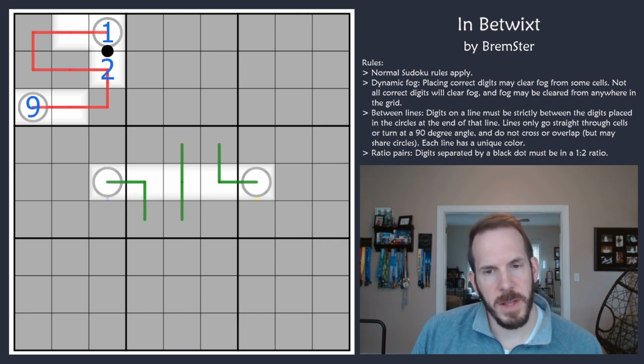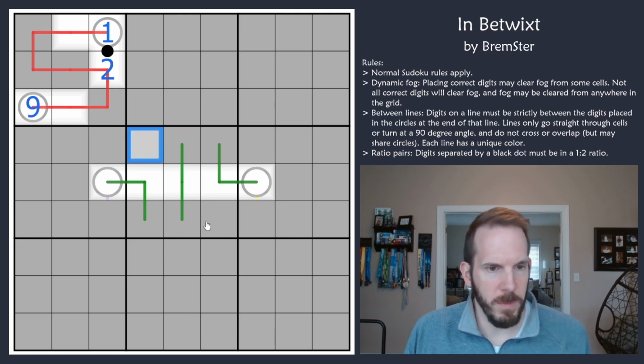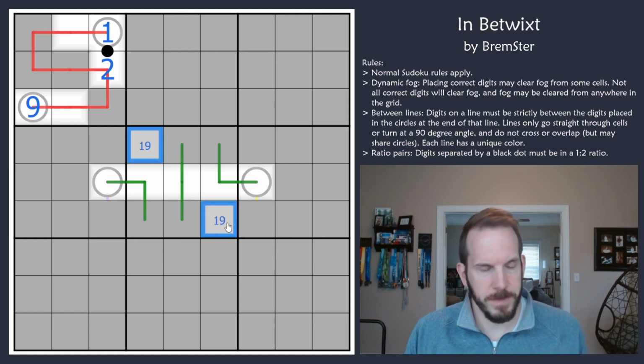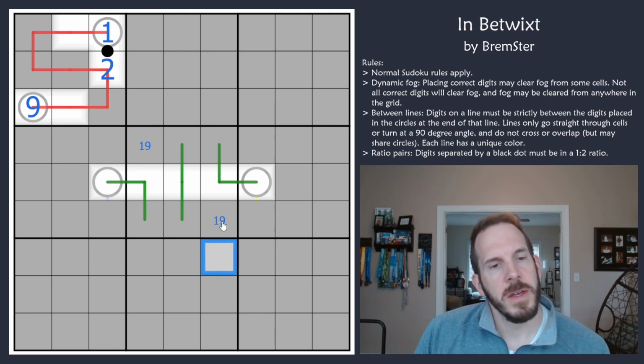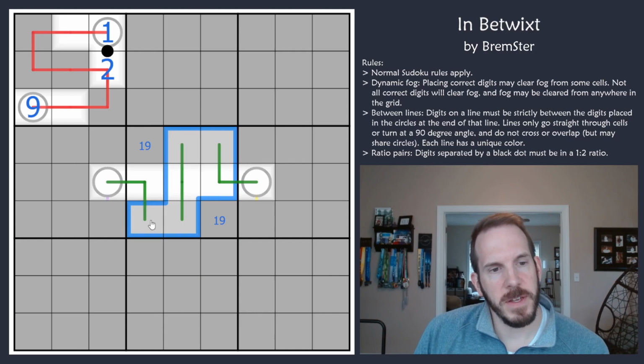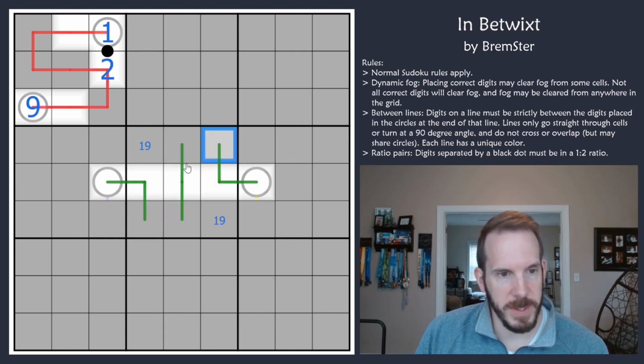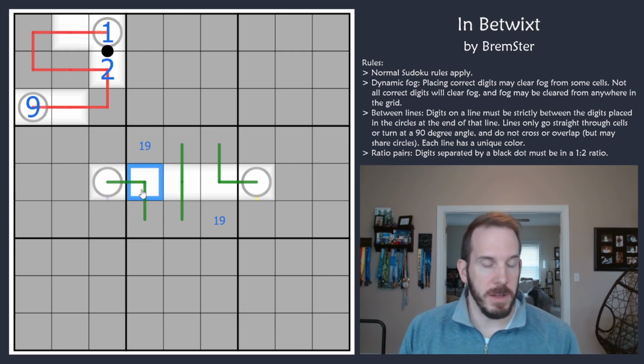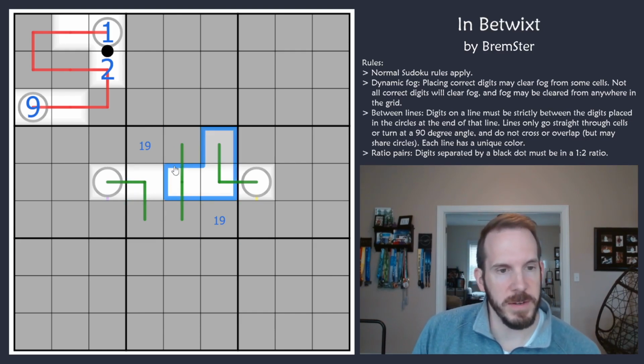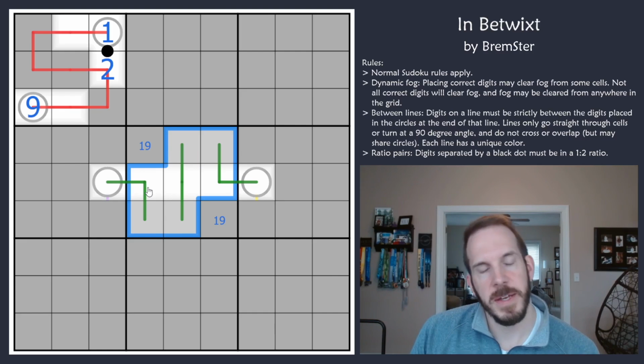We can use similar logic that we used before where we've got 1 and 9. The other thing we know is we've got 7 cells here, again, in one box that are on this same between line. Remember, each between line has a unique color, so the green one here has these 7 digits.